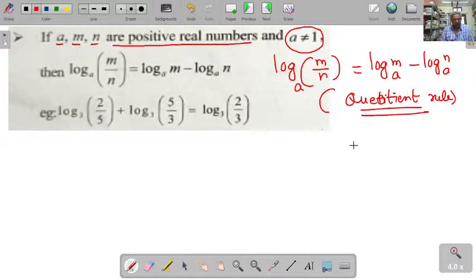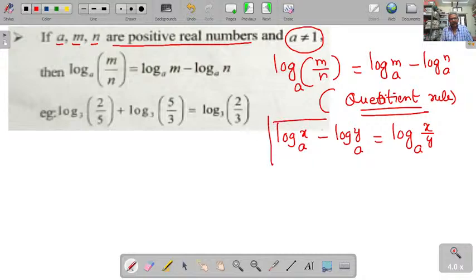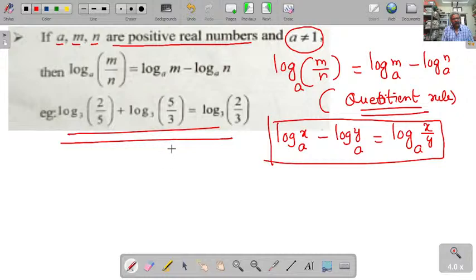Right, for example, even its converse also true. For example, log x to the base a minus log y to the base a. This can be written as log of x divided by y, or x upon y, to the base a. Right. So let us discuss this example now. For example, what is given here?